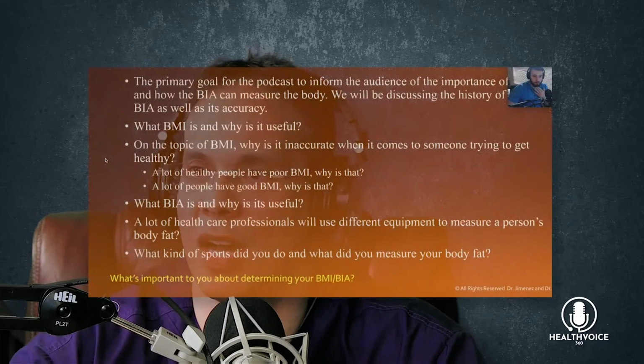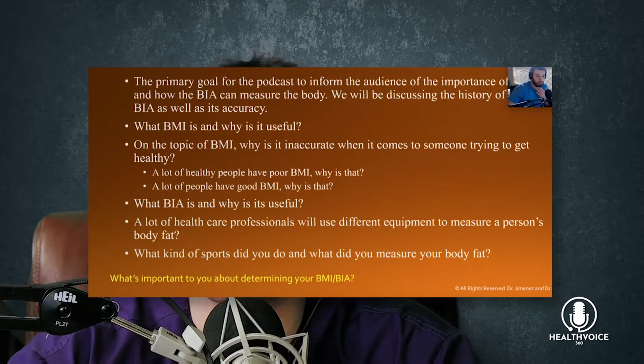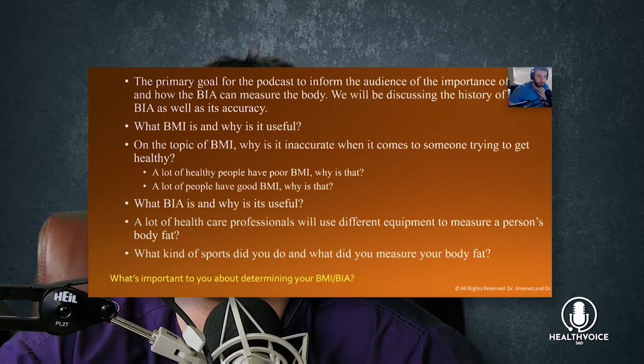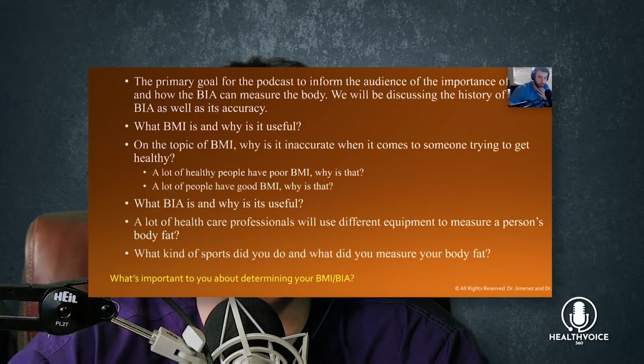What we're going to be discussing today is body mass index, okay? One of the things that we do here is assess the findings. Our goal today is to determine exactly what the primary assessment is. We want to see what BMI is and why it is useful.